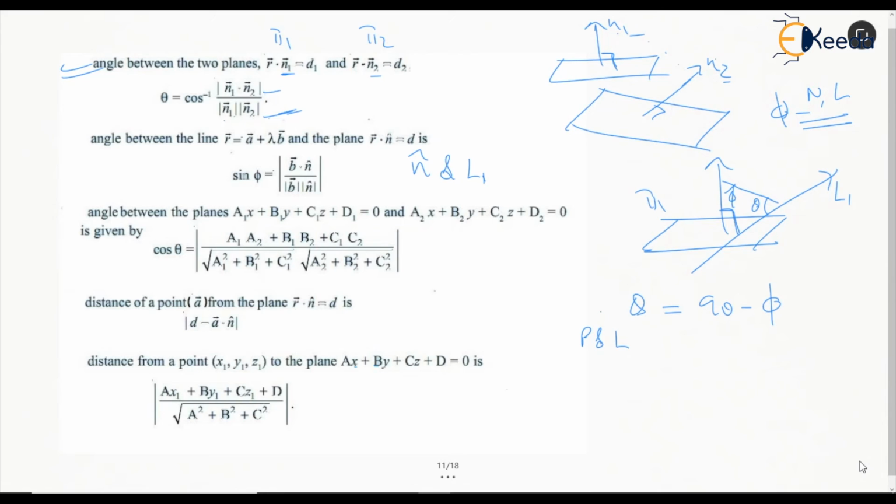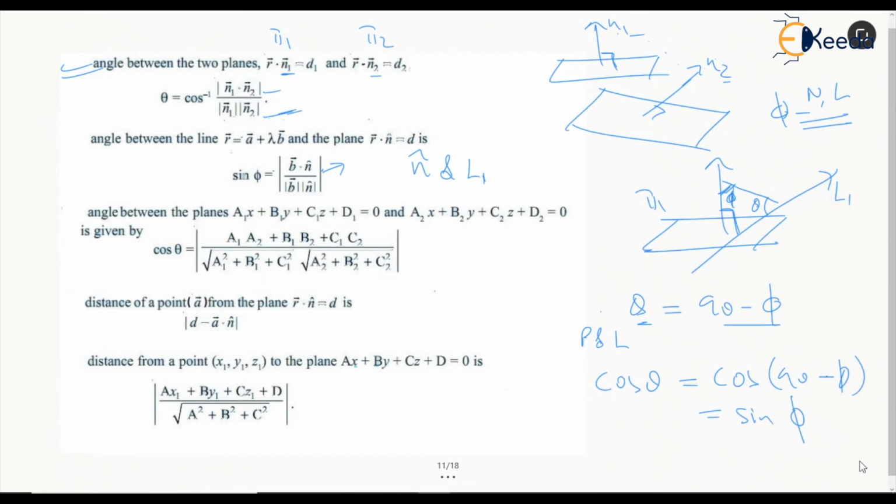So what we are trying to do is take the dot product of the line and the normal vector, which will give this angle phi. So this will be cos phi, but we don't need cos phi, because if theta is 90 minus phi, we need cos theta. So instead of that, we write cos of 90 minus phi, which becomes simply sin phi.